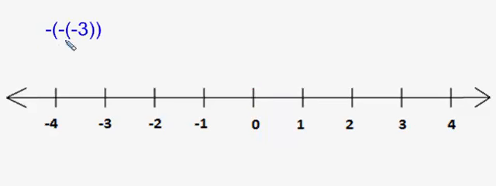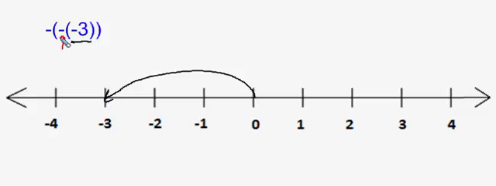To show you a slightly more complicated example, let's start with the number -3 and then do two opposites of that. So -3 would be 1, 2, 3 units left of 0. So we would be here at -3. And then the next stage would be to take care of this negative symbol here, which means that we need the opposite of -3. -3 means 3 units to the left of 0.